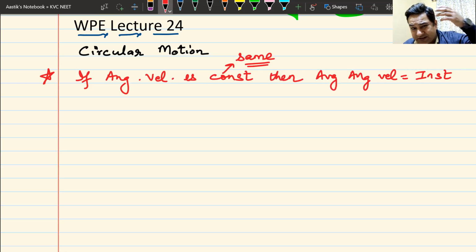Now, average angular velocity is a scalar quantity and instantaneous angular velocity is a vector quantity. So I'm not talking about the directions here, I am talking about the magnitudes. Your average angular velocity and your instantaneous angular velocity will be the same. This is the same as saying, please listen to me very carefully: if your speed is constant, your average speed and instantaneous speed will be the same.